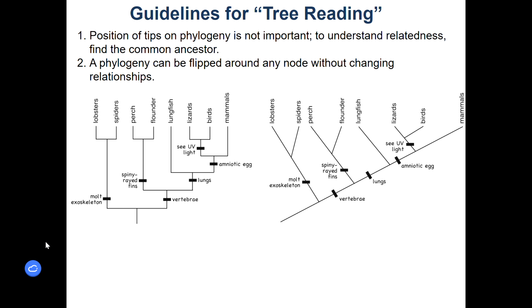All other animals have vertebrae, so they have a backbone. Lobsters and spiders don't have a backbone. So that separated these 2 organisms, these sister taxa, from all the other organisms because there was a change in a character state. Here, the main character state that developed was lungs. So we have lungs.